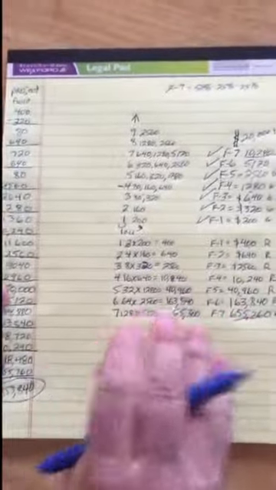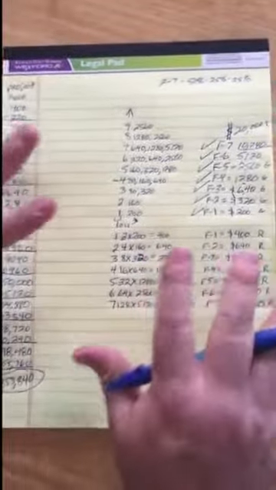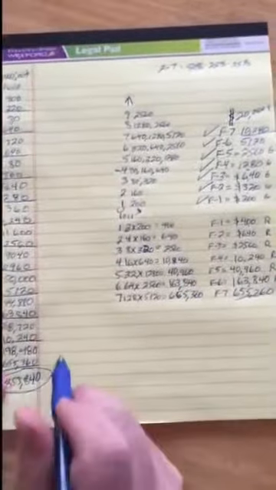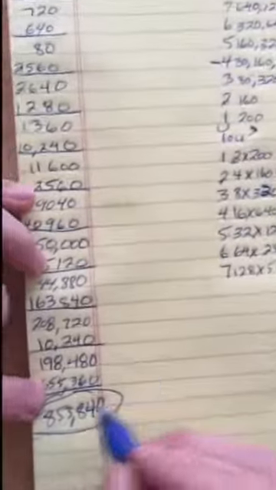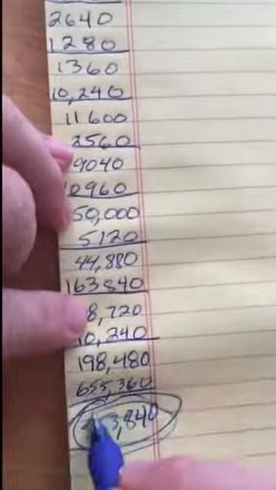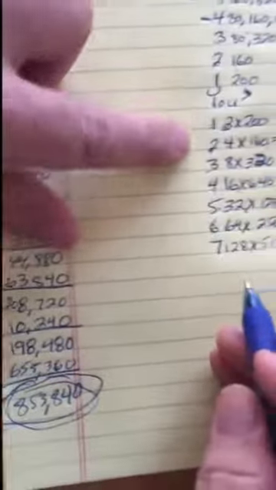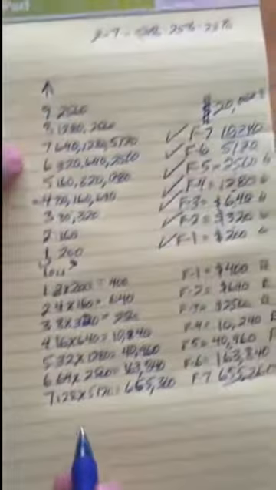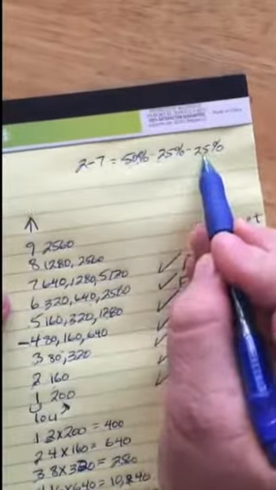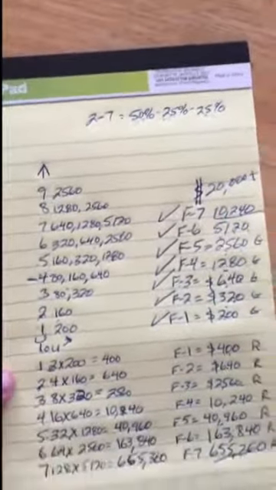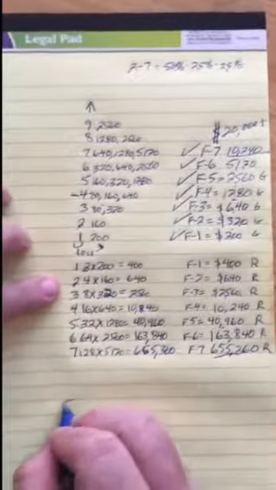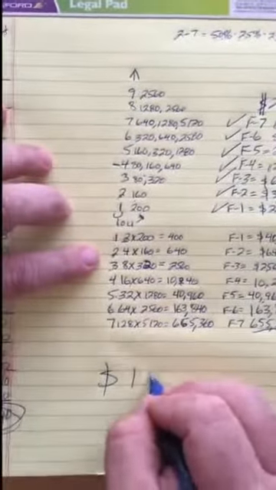Now, I want you to understand, that's just the start. And yes, these numbers are astounding. But this number right here does not even include the 25% of the 2 steps. When you take that into consideration, that puts you over $1 million.